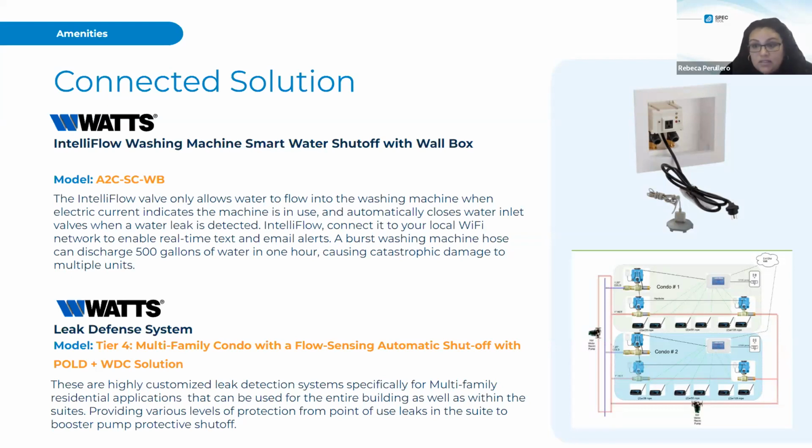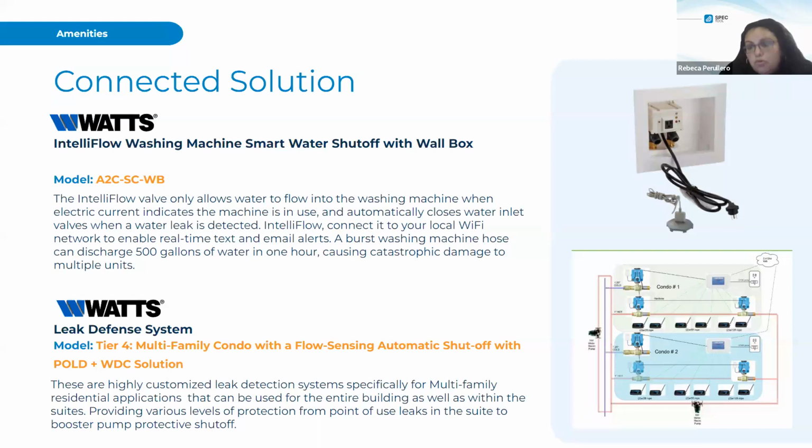So again, it really depends on what you want to do. If you're only focused on the entire building, Leak Defense has, I think it's considered their tier 1 and tier 2 that are just more unit focused, and then full building would be their tier 3 and tier 4.